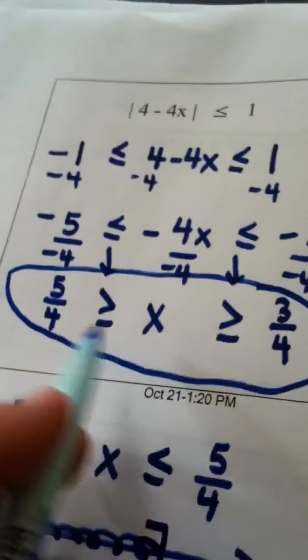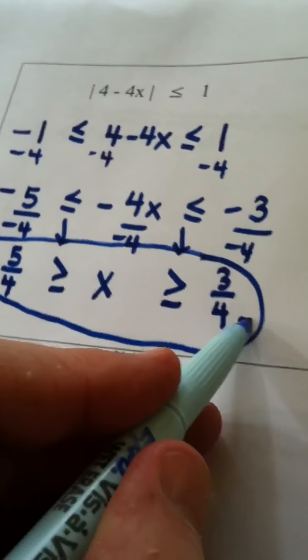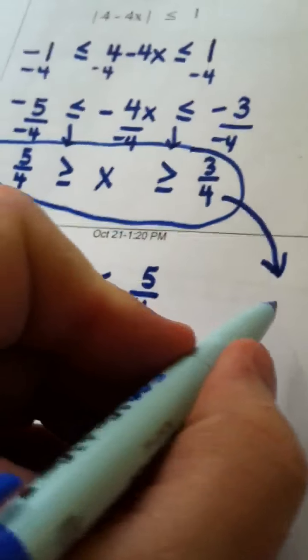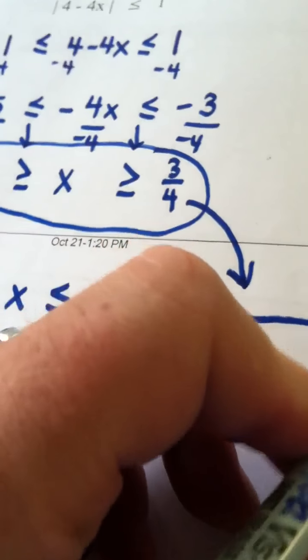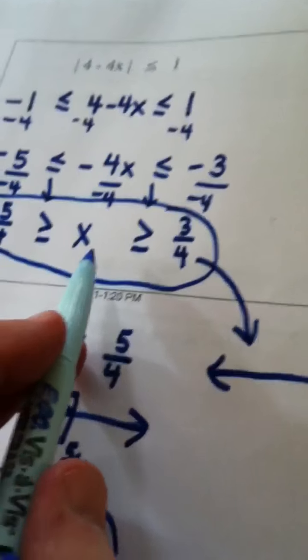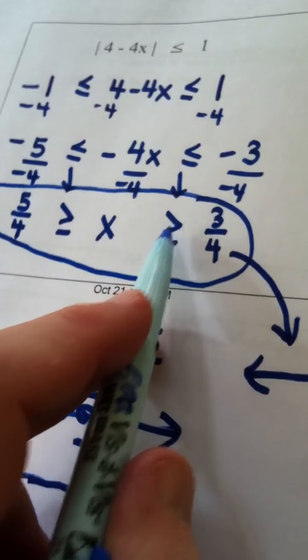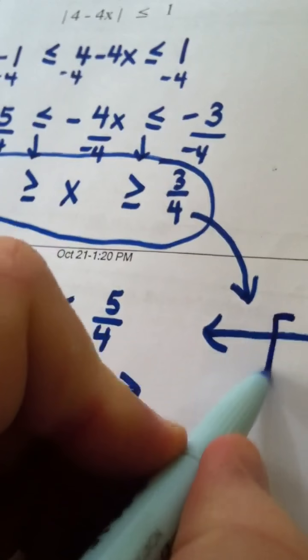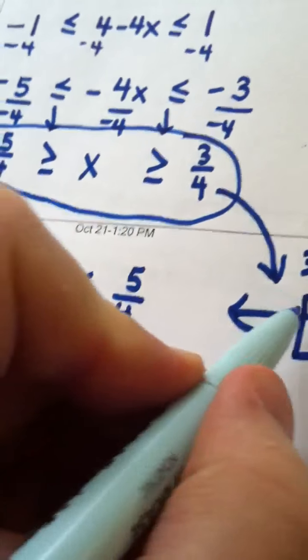Okay, now one other thing you could have done is you could have gone directly from here and drawn a graph without even putting in this step. What you could have done is you could have said, okay, x is greater than or equal to 3/4, so we know we needed to be to the right of it.